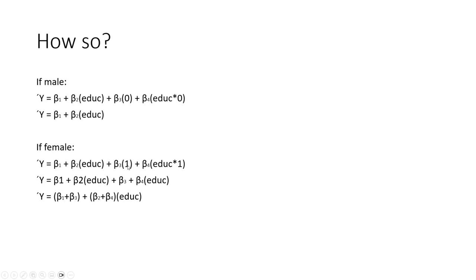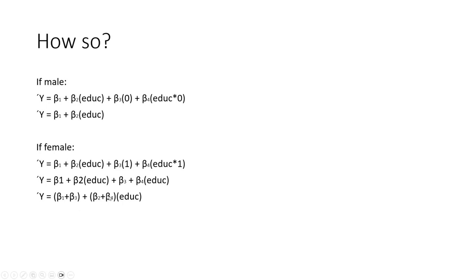This is the variable female, this is the interaction term. I get 1 here on the interaction term, and this leaves me with beta 1, beta 2 educ plus beta 3 plus beta 4 educ, because educ times 1 is educ. And this leaves me with an equation for females where the intercept is beta 1 plus beta 3, and the slope for females is beta 2 plus beta 4.